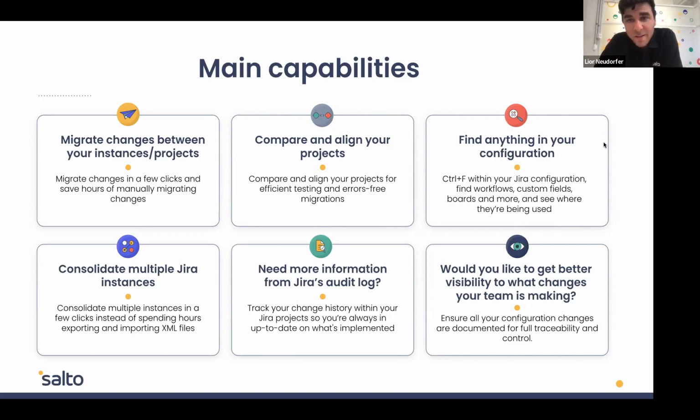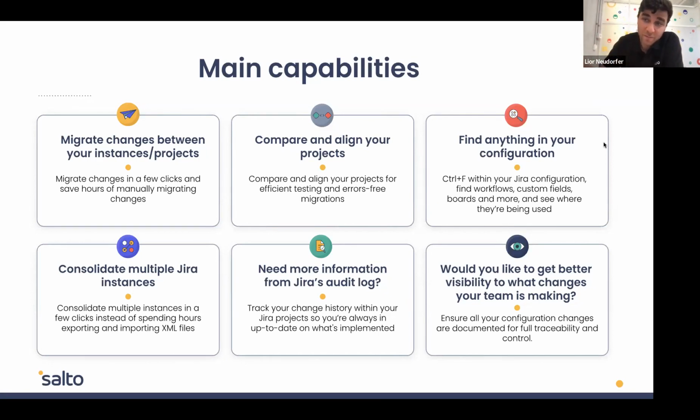So the most basic thing is just migrate changes between your instances or within an instance between projects. So if you have two instances, for example, testing and production, or more instances, you can very easily select changes that you want to migrate between one instance and another instance. Any change in configuration, automations, fields, workflows, projects, issue types, you name it.